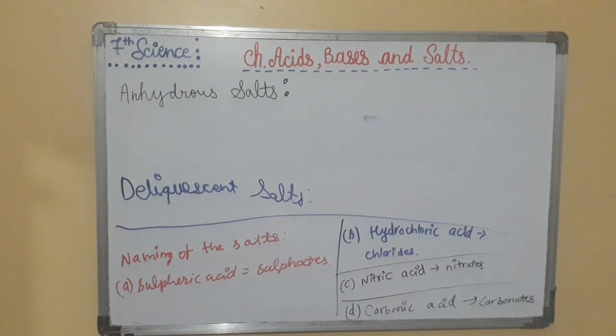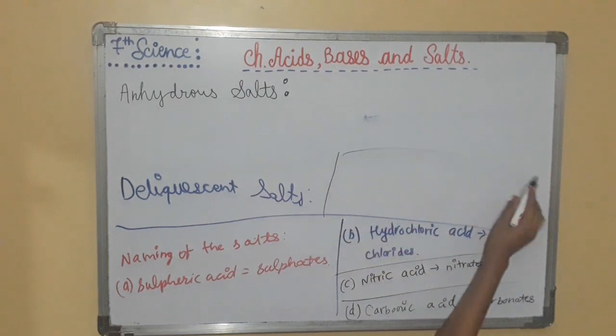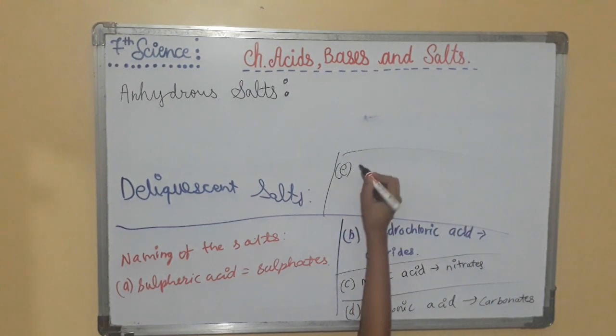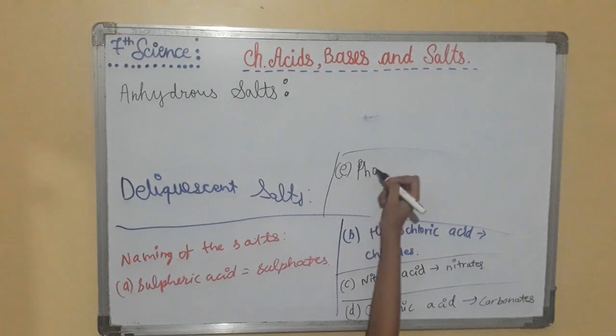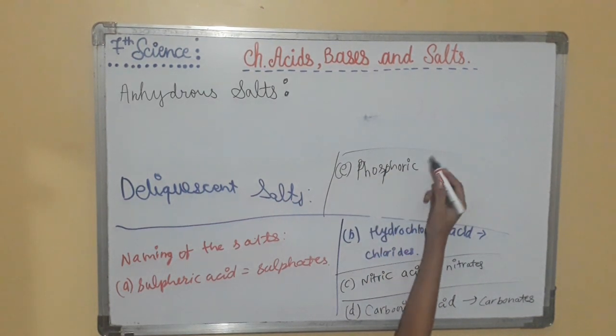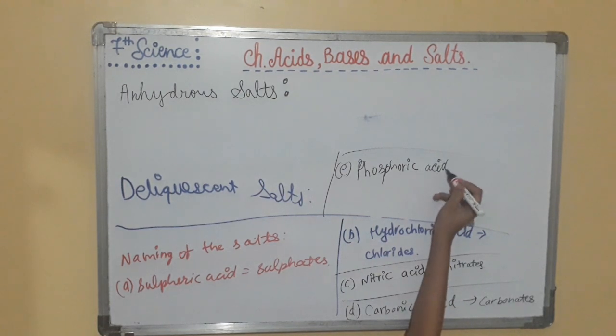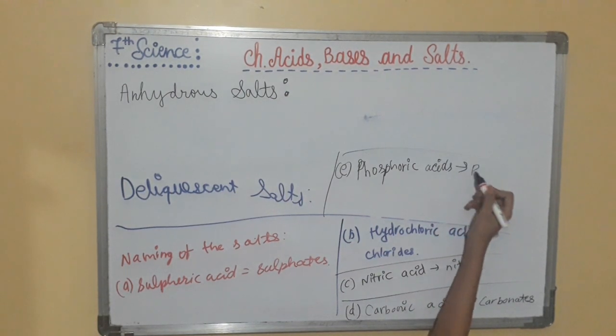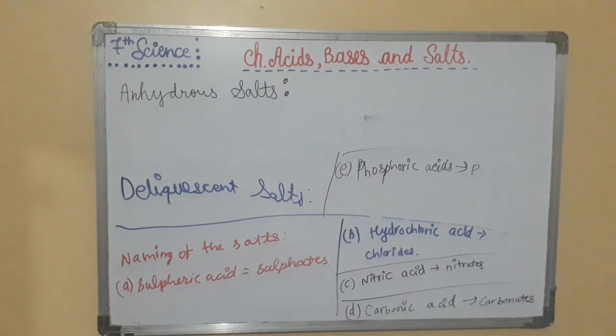E. Salts obtained from phosphoric acid are called phosphates.